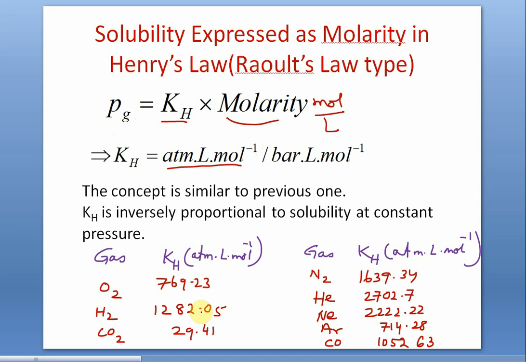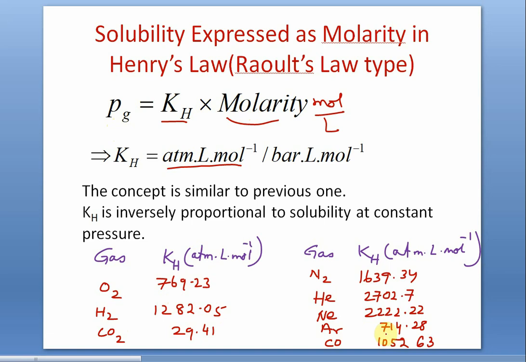Same thing. Here also kH is inversely related to solubility. The concept is the same. The only difference is there it was mole fraction, here it is molarity, but kH is inversely proportional to molarity. If pressure remains constant, molarity will come down. So oxygen has a lower value of kH in this unit, atmosphere liter mole inverse. Carbon dioxide is much less, so more solubility.